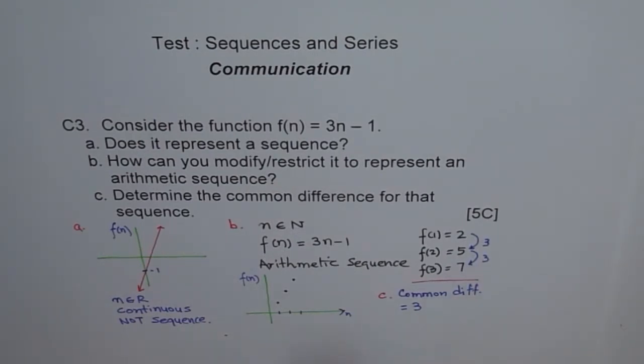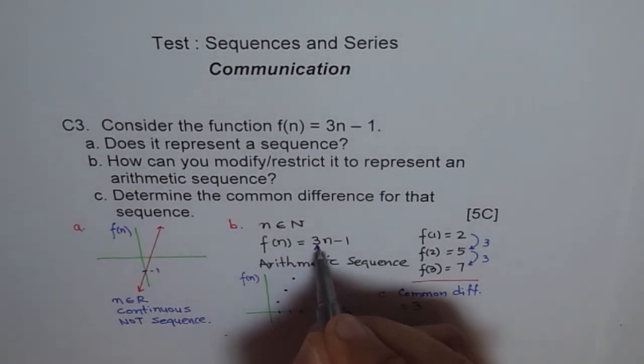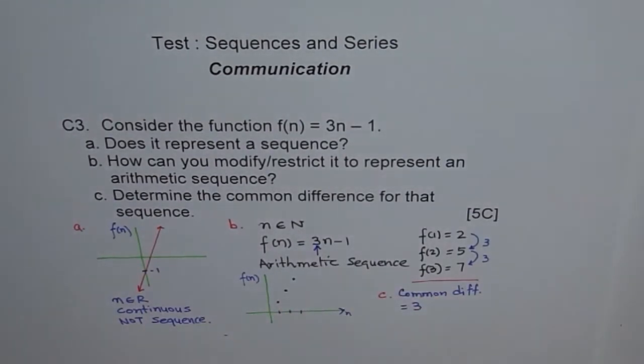From the function, you can see the slope. Slope gives us the common difference for an arithmetic function. As you can see, an arithmetic sequence is also a function. An arithmetic sequence increases or decreases by a fixed amount.